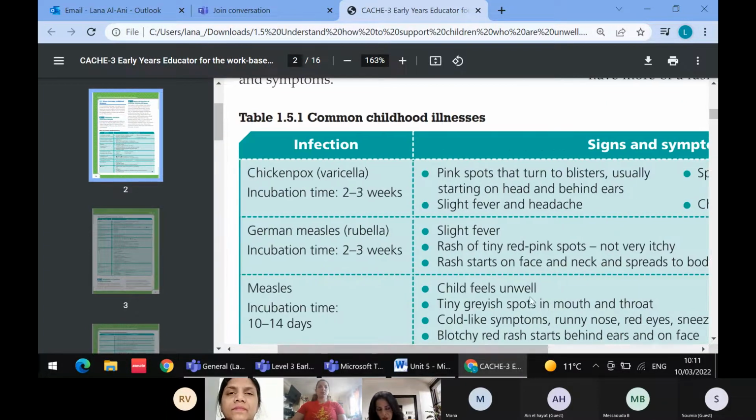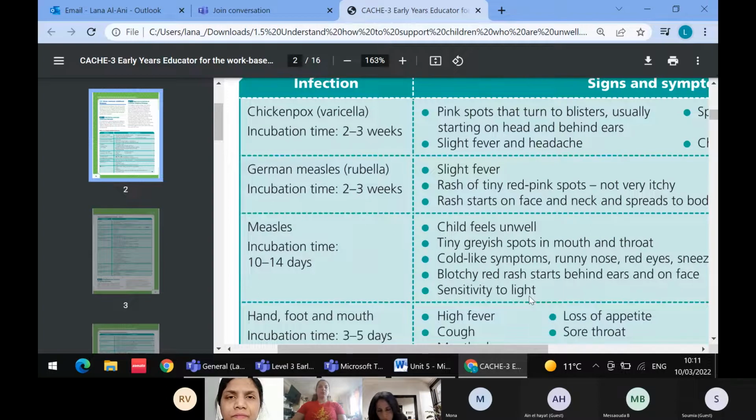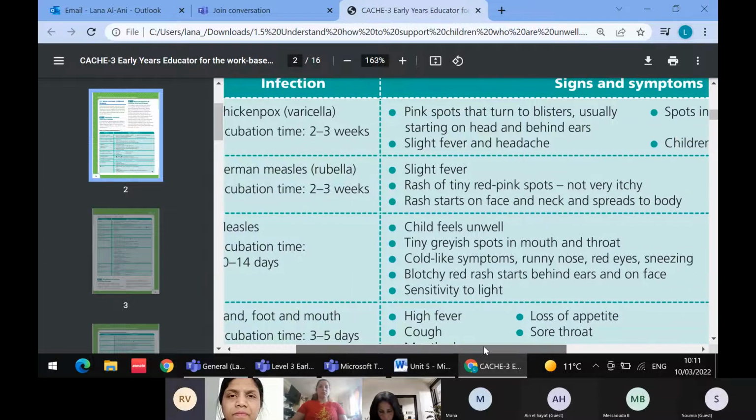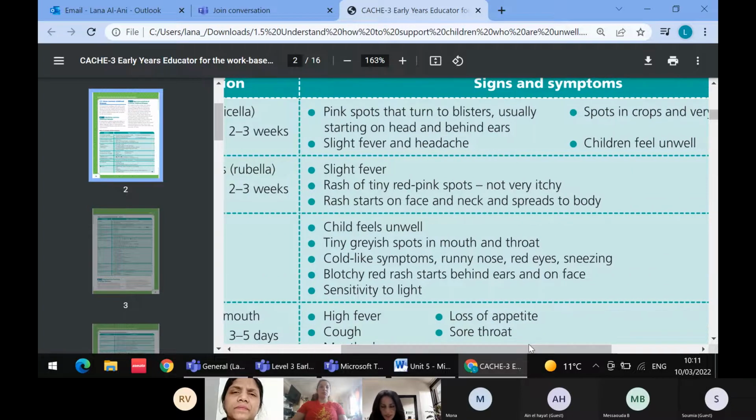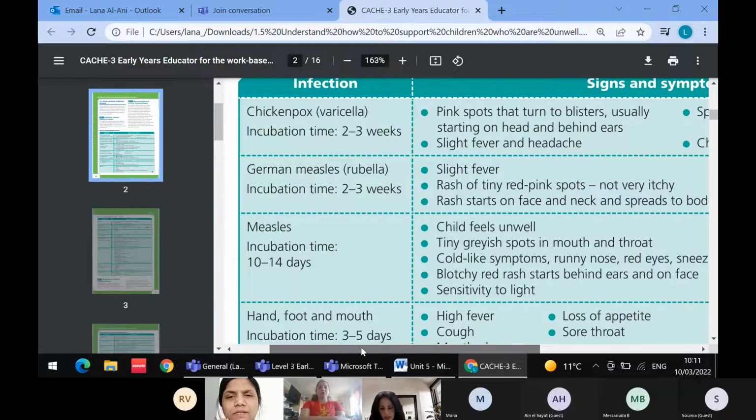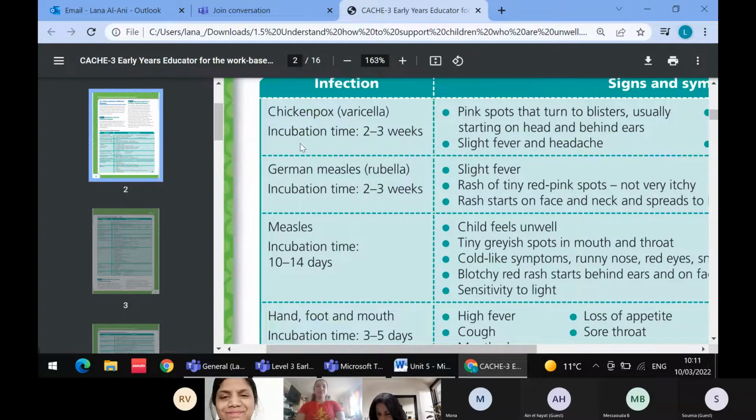How about the German measles? What about the German measles? Any idea? As you can see here, each illness, they tell you how long the incubation time is. So incubation time is between 2 to 3 weeks for the chickenpox.